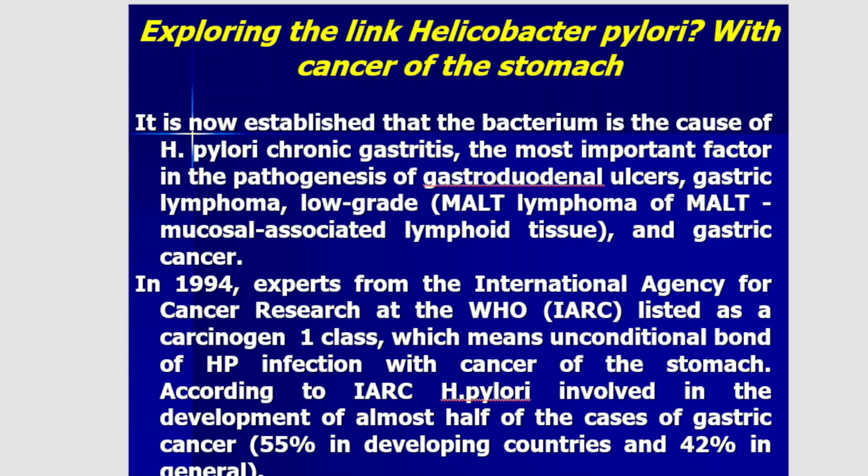It's now established that the bacterium H. pylori is the cause of chronic gastritis, the most important factor in the pathogenesis of gastroduodenal ulcer, gastric MALT lymphoma, and distal gastric cancer. In 1994, experts of the International Agency for Research on Cancer named H. pylori a class one carcinogen.